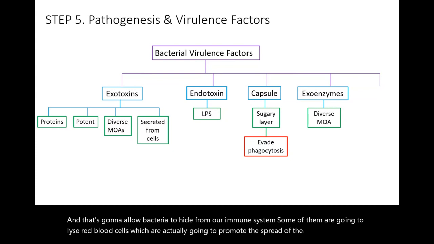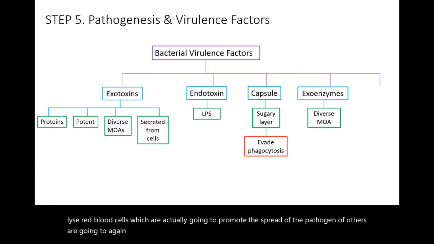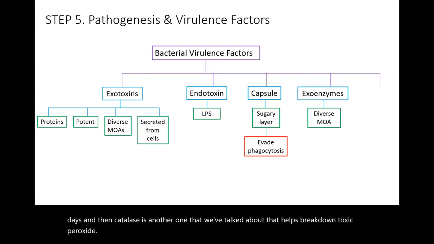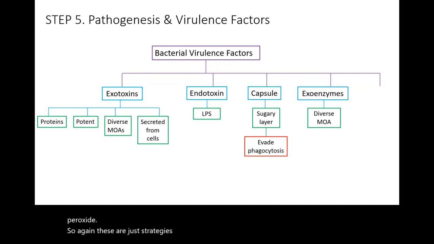Others are going to break down that hyaluronic acid. So we've already talked about hyaluronidase. And then catalase is another one that we've talked about. That helps break down toxic peroxide. So again, these are just strategies used by the bacterial pathogen.